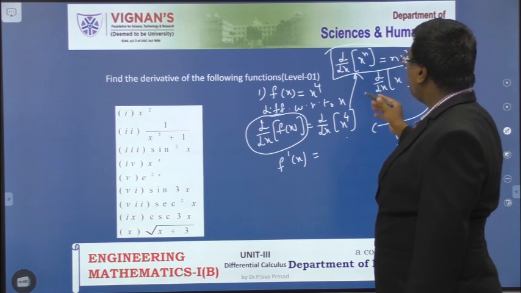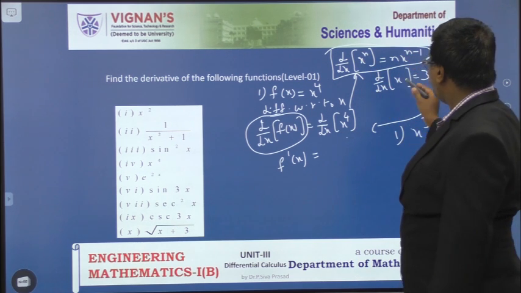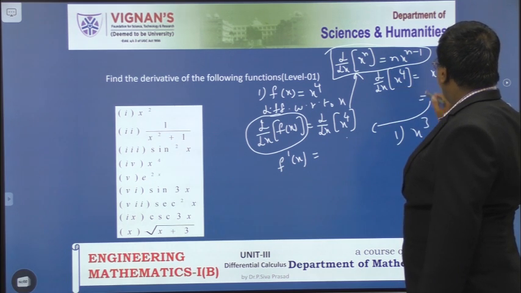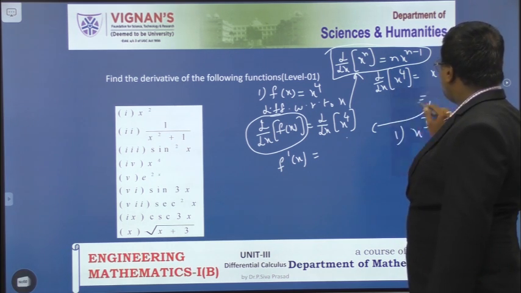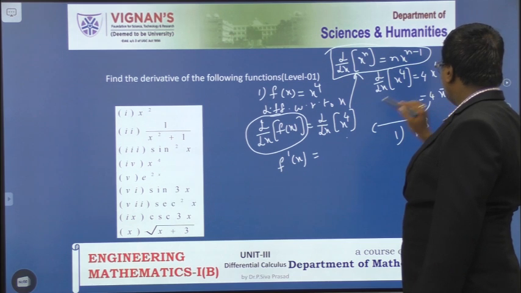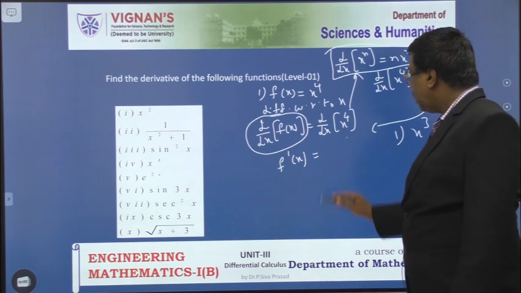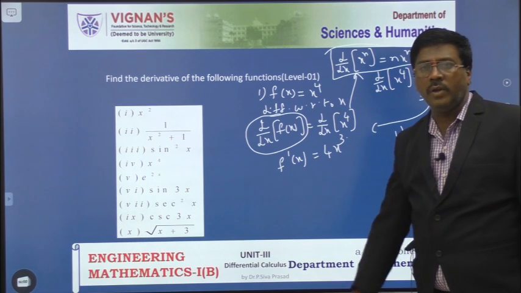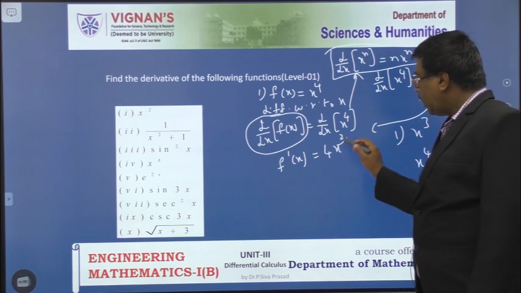This is in the form of d by dx of x power n equals n into x power n minus 1. Applying the formula, that is 4 into x power 4 minus 1, which equals 4x cube. Therefore the derivative of x power 4 is 4x cube.